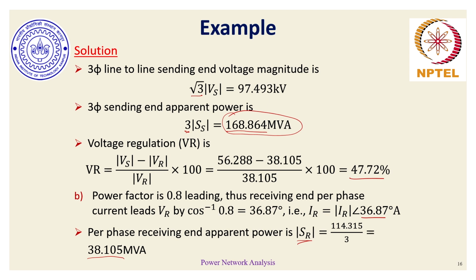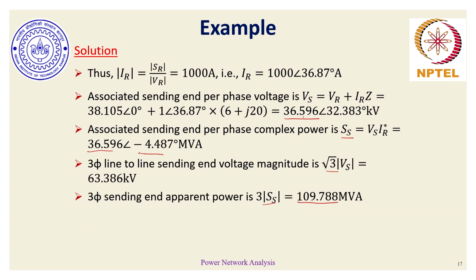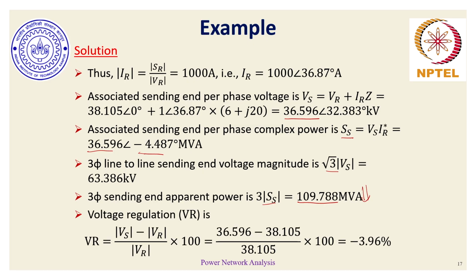So 168.864 MVA is going down to 109.788 MVA because excess reactive power at the load end, which is the leading power factor load, is being utilized by the line to charge itself. We will also talk about charging current in the next few discussions. And in this particular condition with leading power factor load, the overall voltage regulation is a negative quantity.